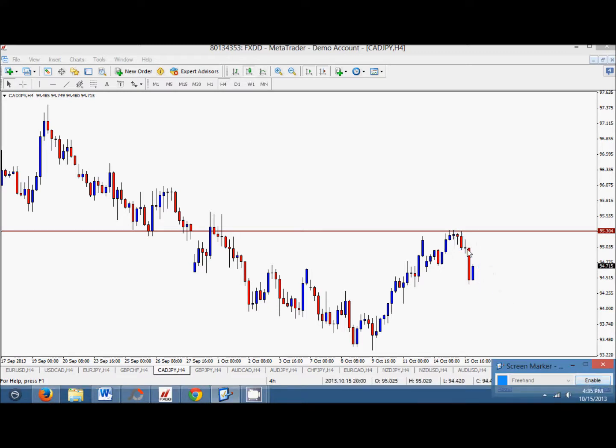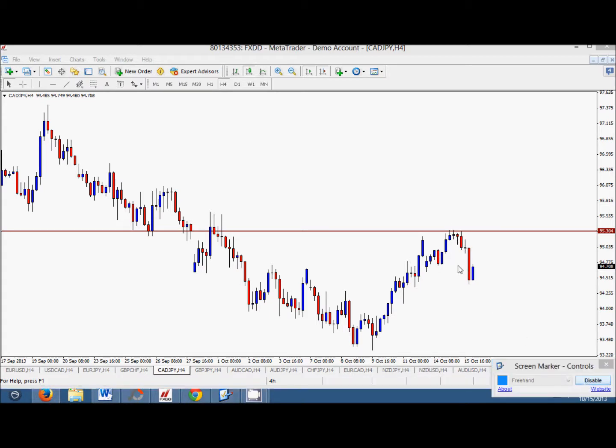So I would actually have taken this trade if it wasn't for my power being out all of last night, so I did not have any internet connection or any way to access the internet last night and this morning. So I actually missed this trade setup, and it was a very good trade setup with this engulfing bar right on the strong resistance zone.